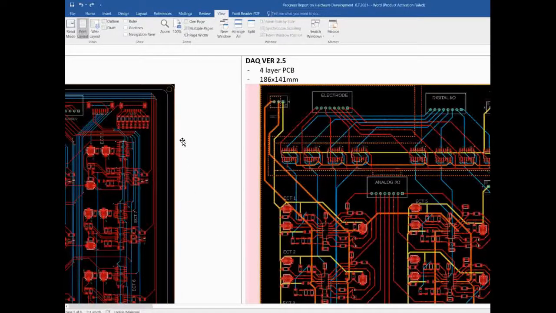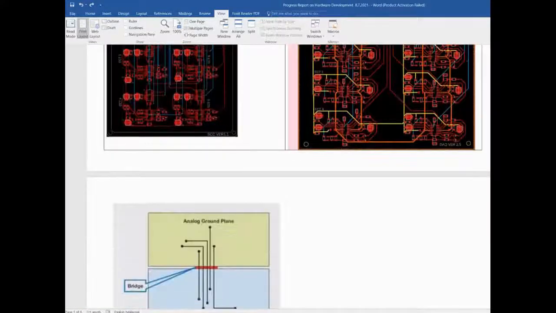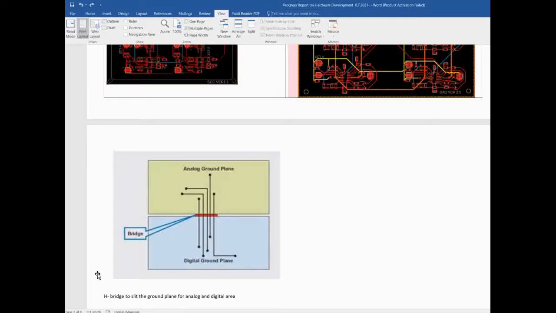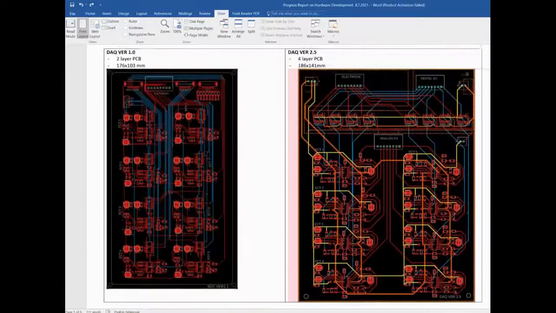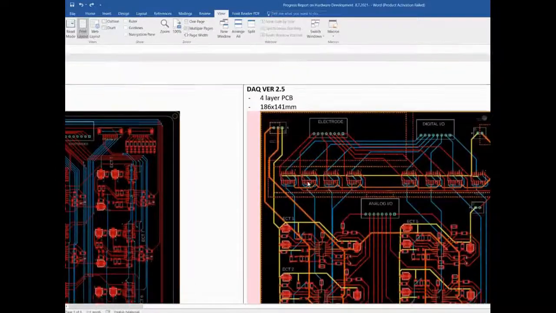In this version I put an H bridge, which acts as a common ground. This is the only thing that connects these two circuits.